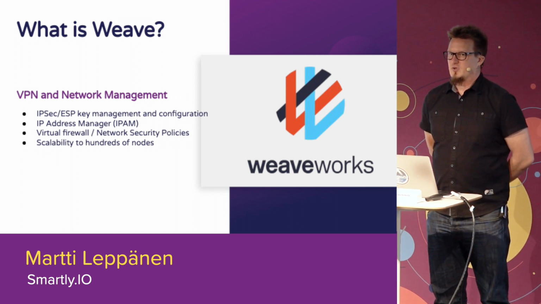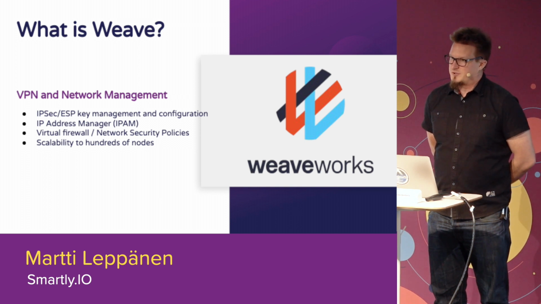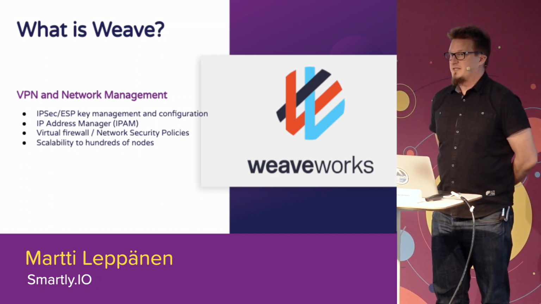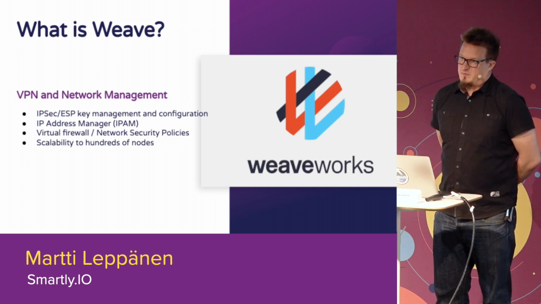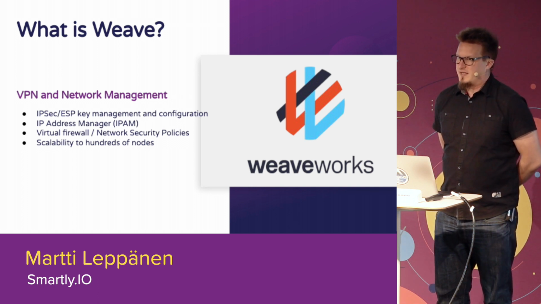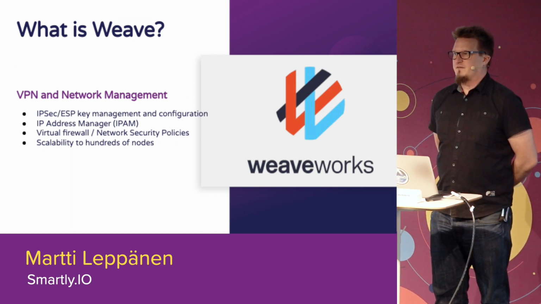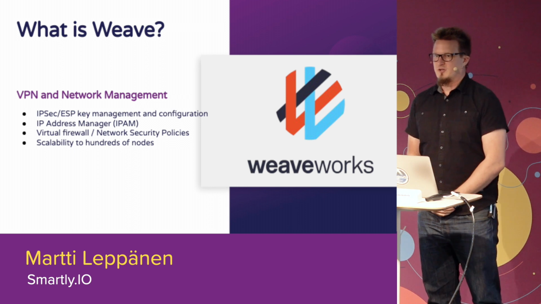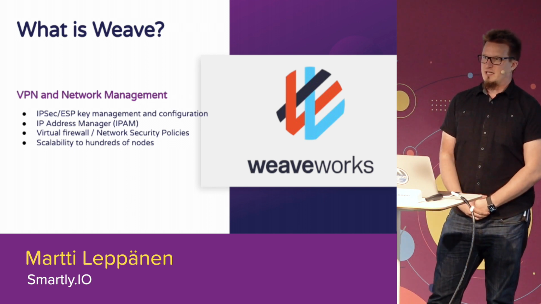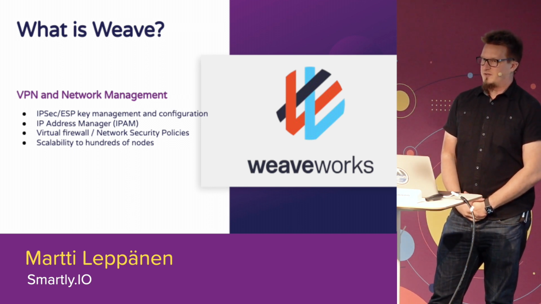It talks to the Kube API server and is able to know what address pool Weave itself has and what Kube wants, and it distributes the addresses to different nodes by itself. So it's able to configure itself such that each node automatically has a certain set of addresses, and it keeps track of what addresses are where, so that it can easily communicate between the nodes.